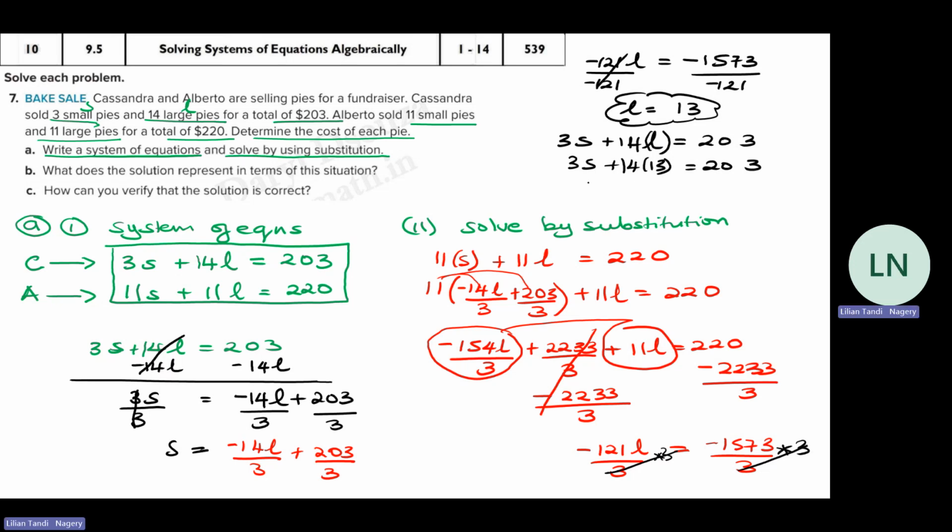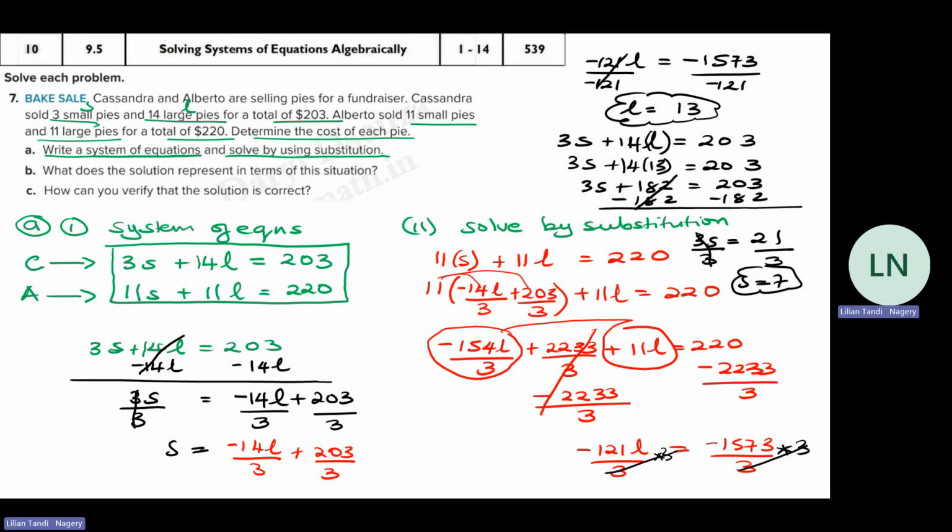So this should give me 182. So 3S plus 182 equals 203. Subtract 182 from both sides. This goes away. 3S equals 21. Divide by 3, S equals 7.